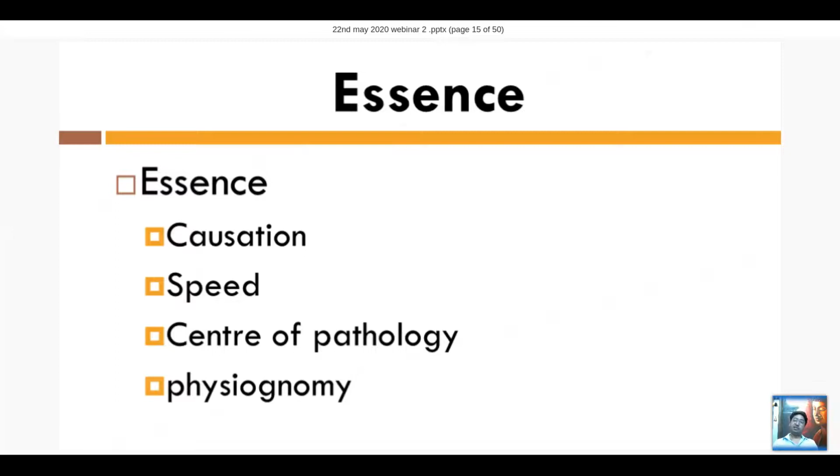So these things are very important when we have to understand the center of pathology, and this is a very important understanding. I want to give one example here. Suppose we took a case of a patient. After detailed case taking, we came to know that his problem is centered around the GIT.